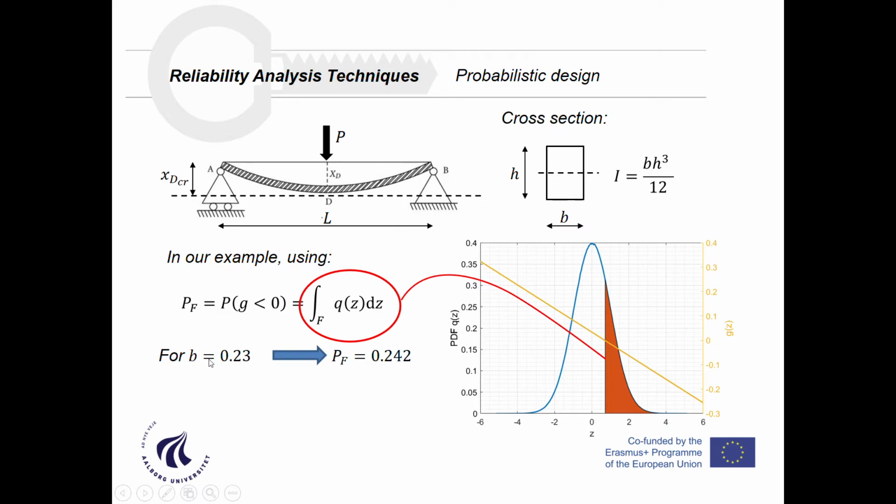So basically this integral is equivalent to calculating the area under the probability distribution in the failure domain. To identify the failure domain, we need to go to 0, intersect this curve, and then everything below, which is equivalent to the right, will be our failure domain. So basically the red area shown here, which is exactly the same as the failure probability, will be 0.242.